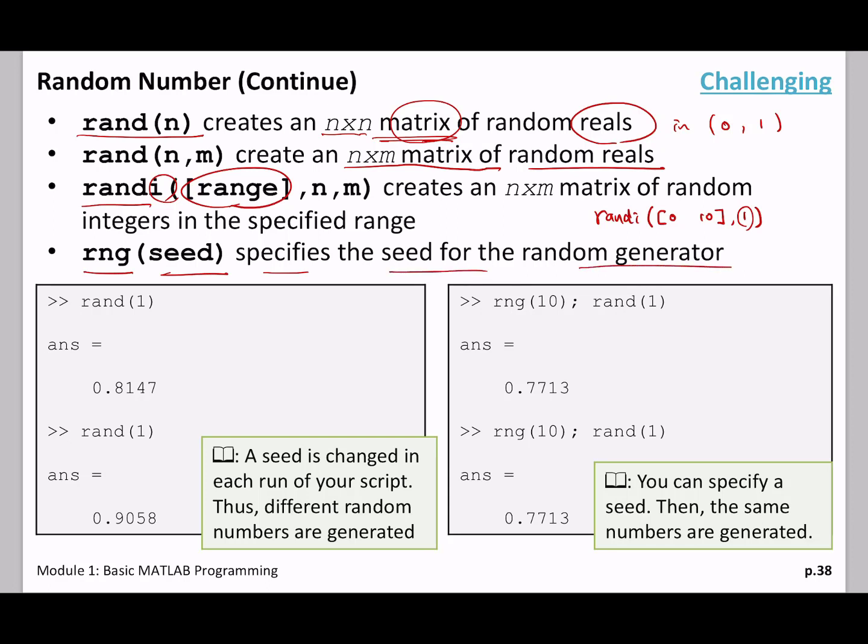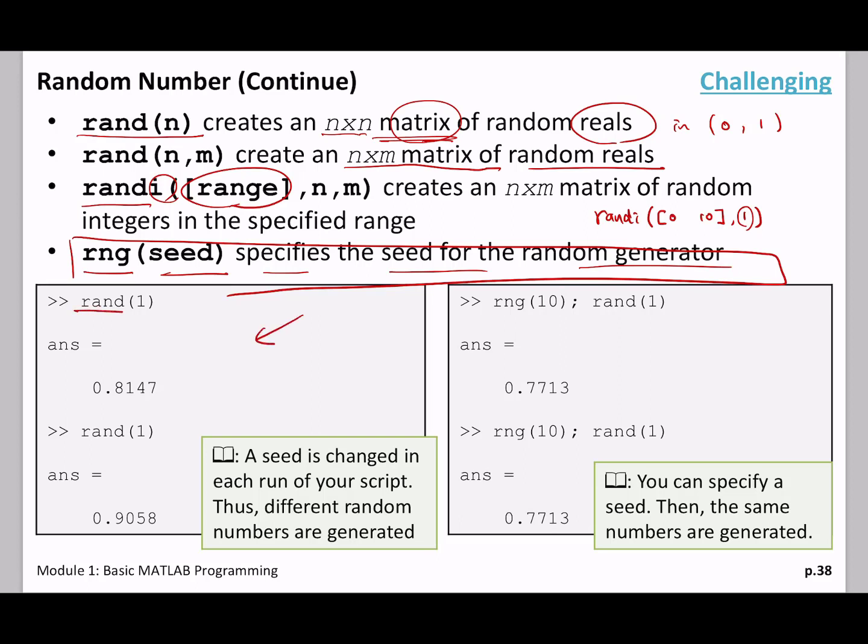This one is optional. We are not using rng in the rest of the course, but it helps to understand how random numbers work. Let's take a look at this example.